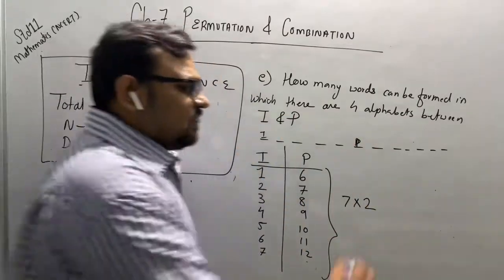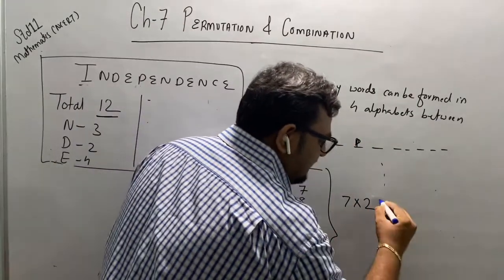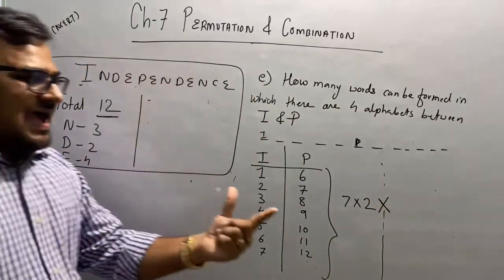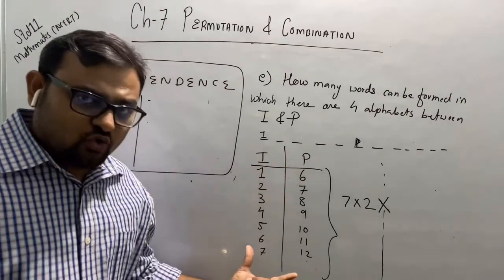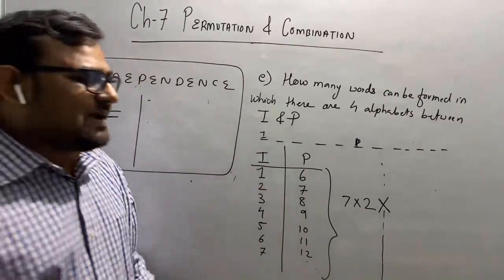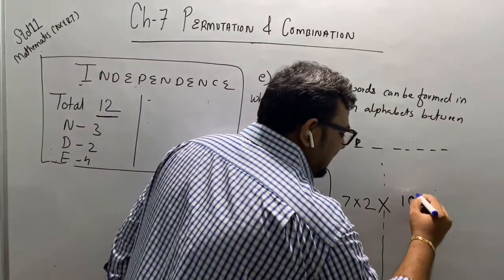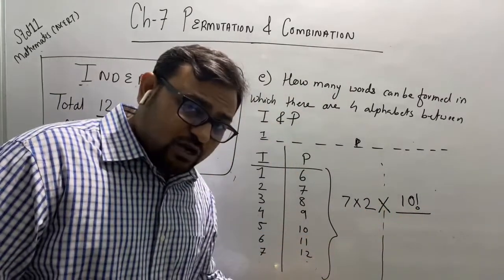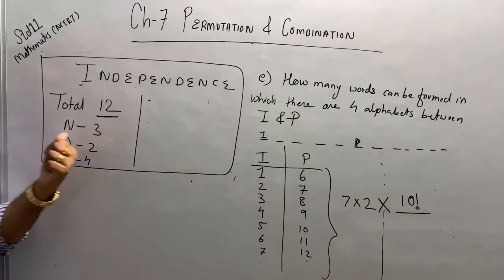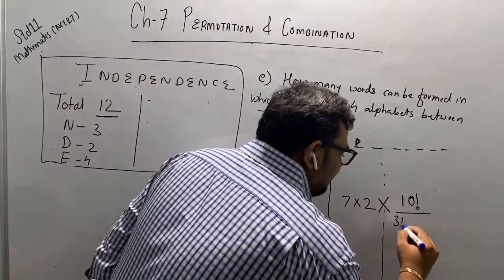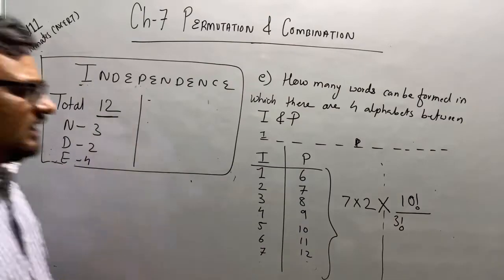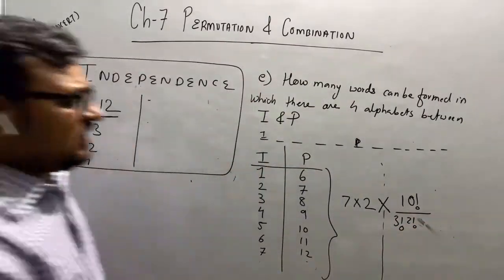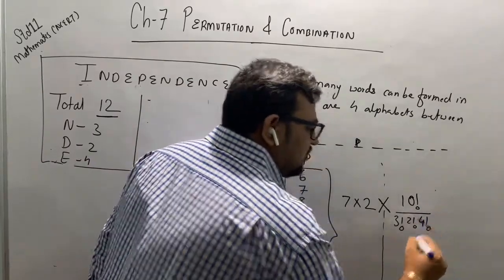Clear? Now, remaining out of 12, I had taken the position of 2. So how many are remaining? 12 minus 2, 10 factorial. So those 10 can be arranged in 10 factorial ways divided by how many N? 3 factorial. How many D? 2 factorial. And how many E? 4 factorial. Okay, got it?